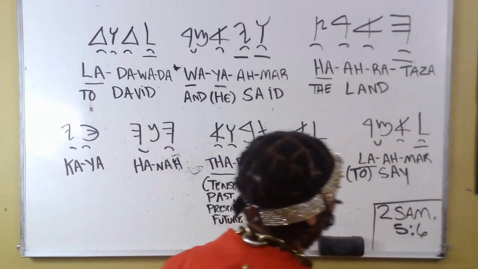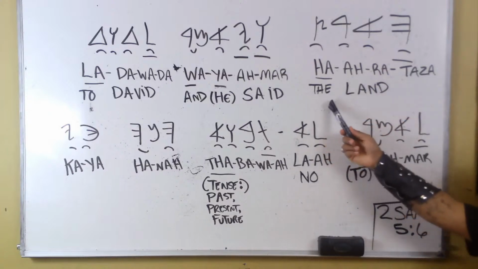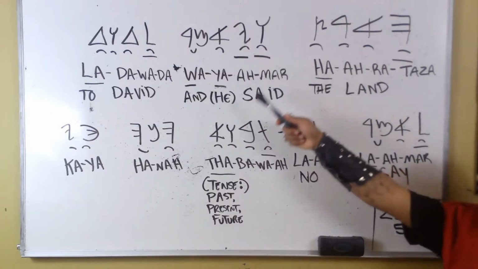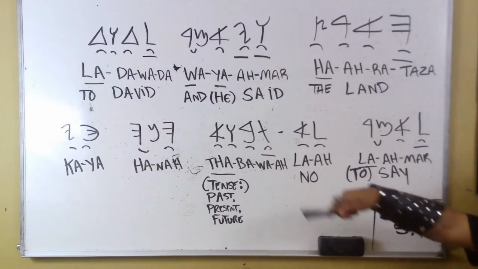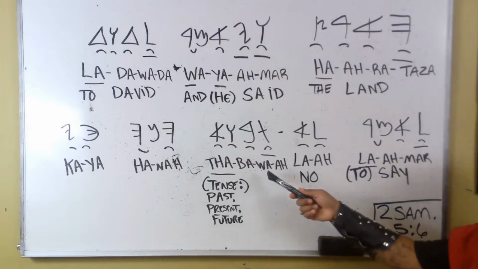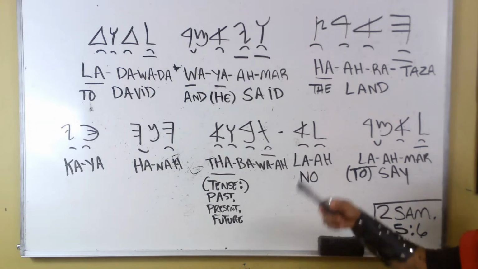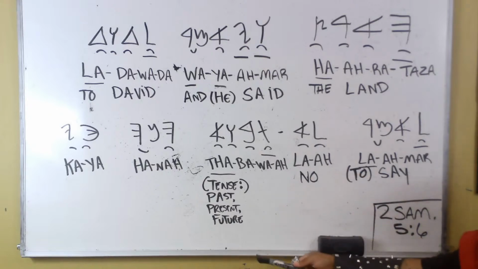Right? So let's read what we got before we pick. Ha'aratazah, the land. Waya Amar, and he said, La Dawada to David. La Amar to say. La no. Bawa'a, come in. No enter in. No came in. No come. No came.